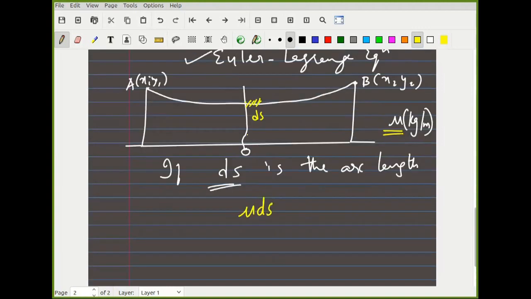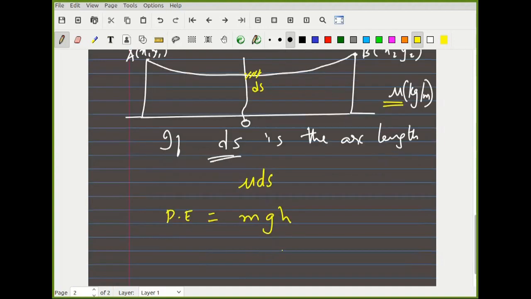Okay, so then the potential energy, with this horizontal line being the axis of reference, is given by Pe equals mgh.